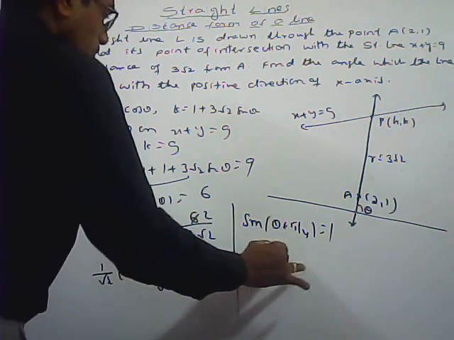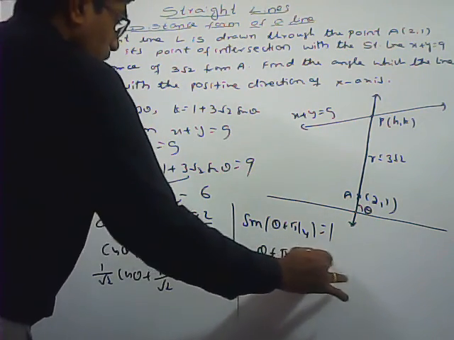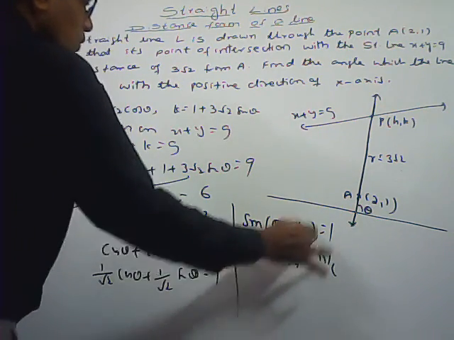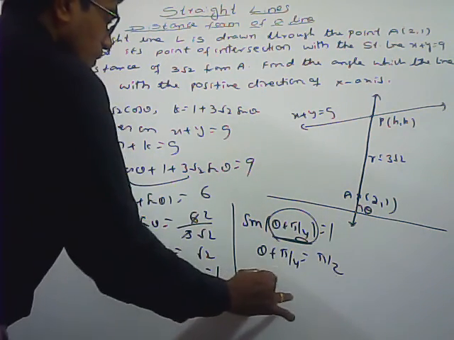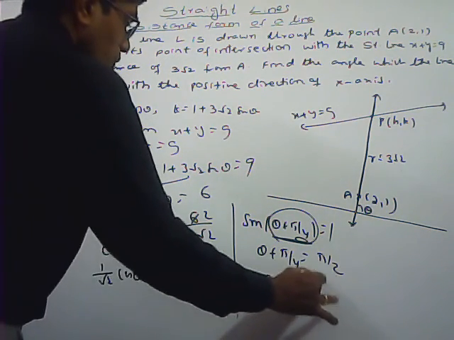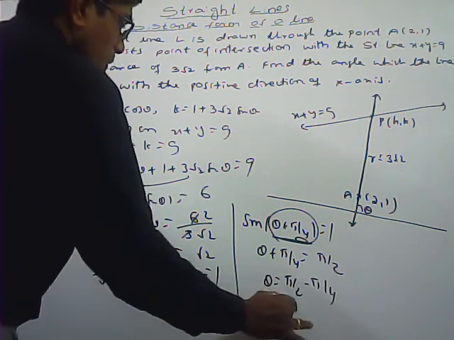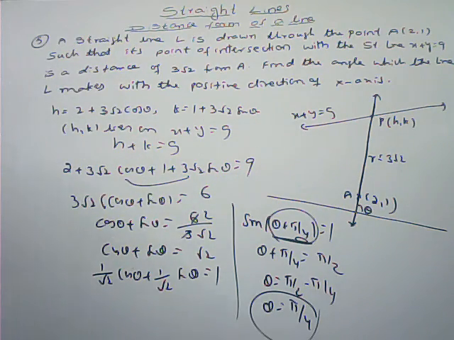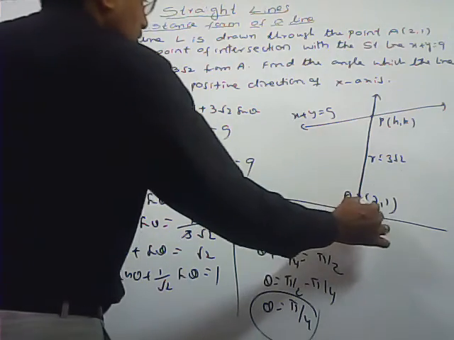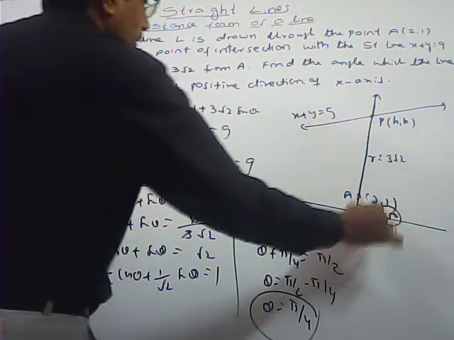So here theta plus pi by 4 should be equal to pi by 2, sin 90, so the total angle should be 90 degrees. So theta is equal to pi by 2 minus pi by 4, so theta is equal to pi by 4. 90 minus 45, that is 45. So the angle made by this line with the positive direction of x-axis is 45 degrees.